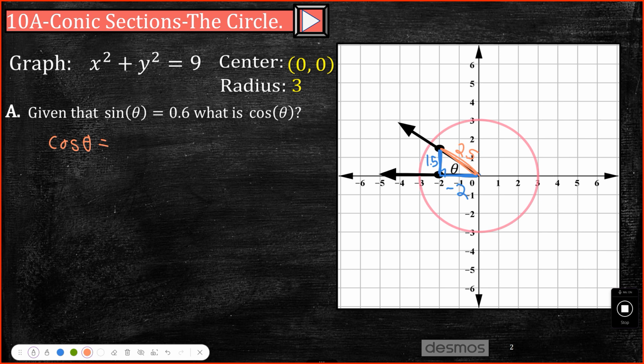So it's going to be what over what? We said adjacent over hypotenuse, and it should be -2 over what? And the answer should be what? Okay. All right. That is correct. We got it. But I have this other proposition for you. That's the way to do it.